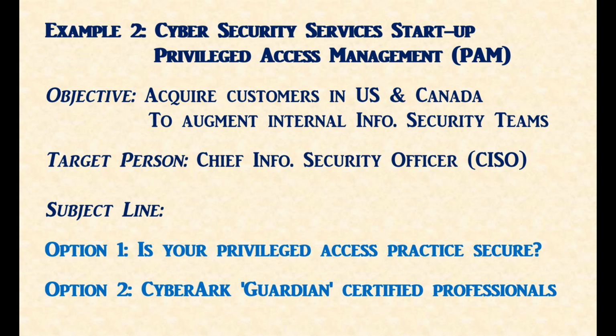So here I used two options. The first option was basically asking a question: do you have a secure practice? Knowing fully well that they know they don't have a secure practice, they don't have a good compliant practice. Their practice built around privileged access credentials is not something which is compliant with audit requirements.